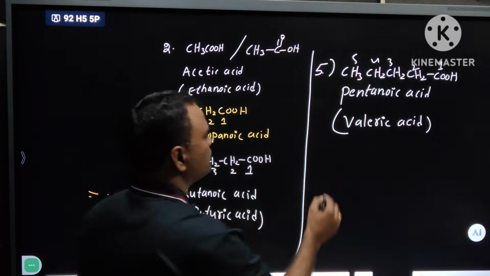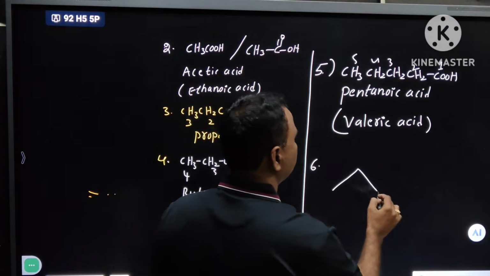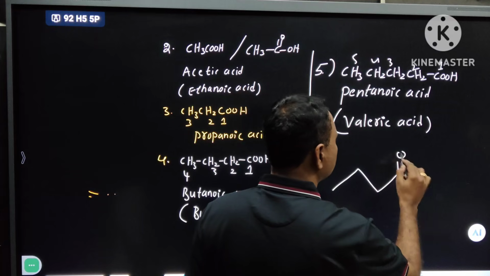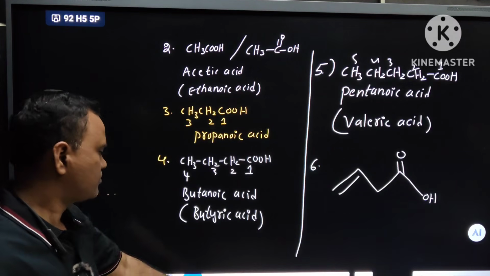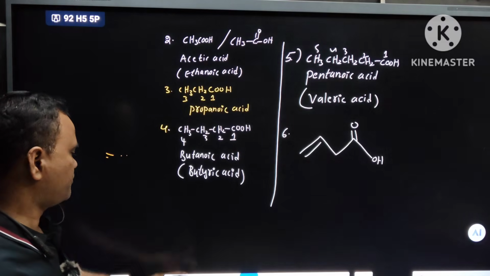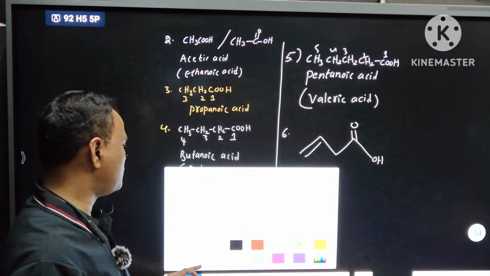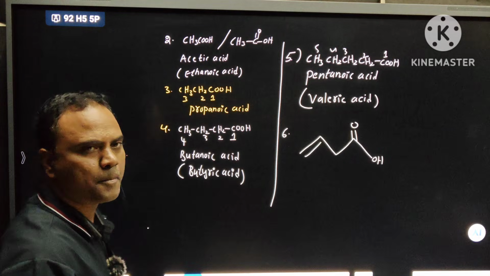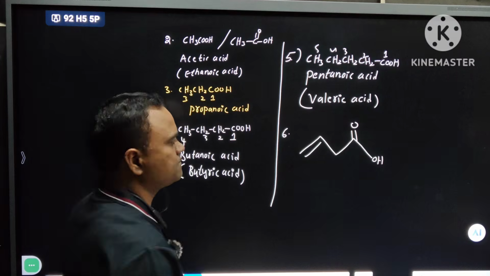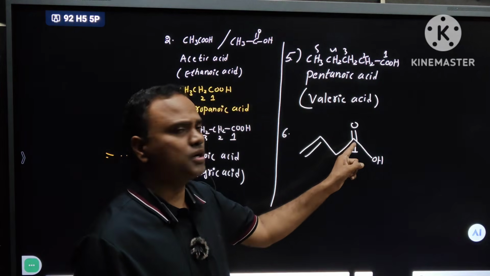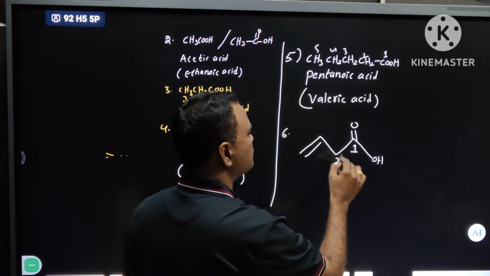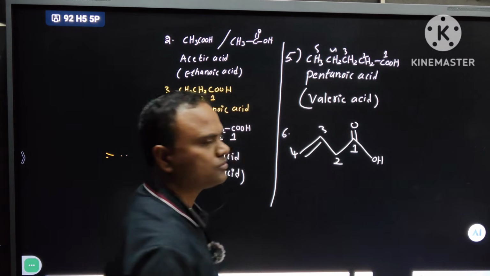No? Right. See, can you try its name? What is the name for this compound? This is the carboxylic carbon, 1, 2, 3, 4.